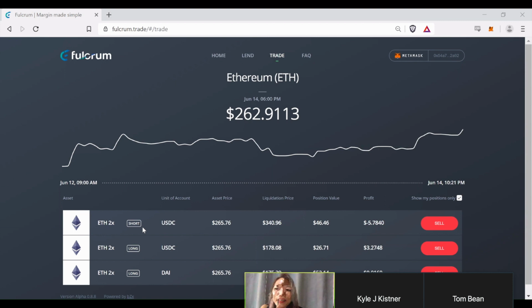Are there any geographical limitations for the platform at this moment? There are no geographical limitations, and the platform is extremely decentralized. There was an article written about how decentralized DeFi is, and Fulcrum is the most decentralized.